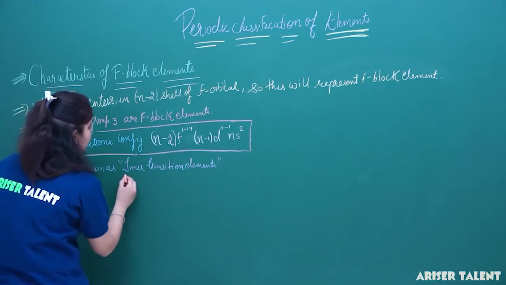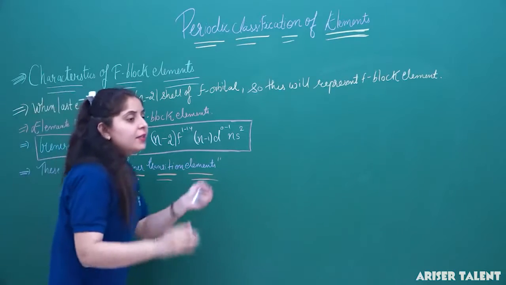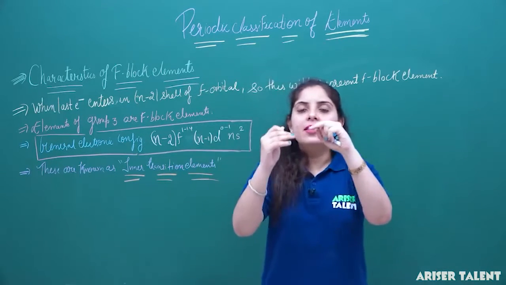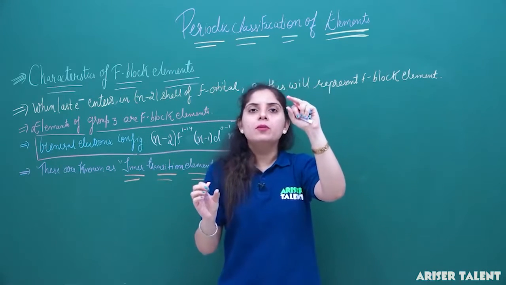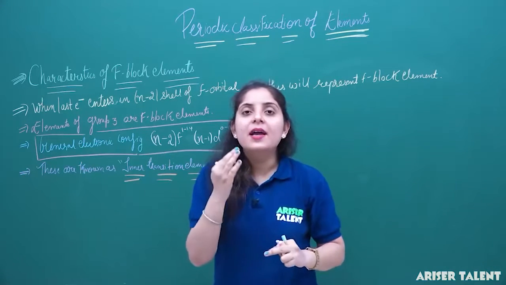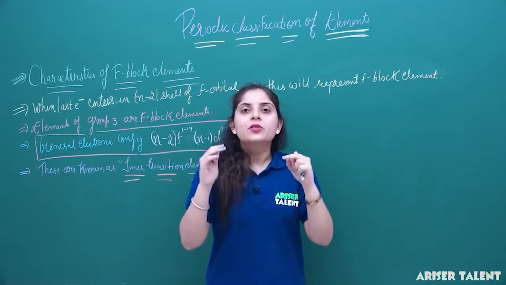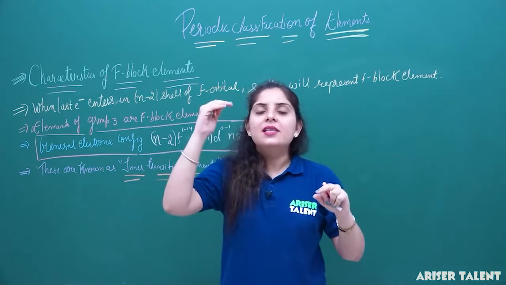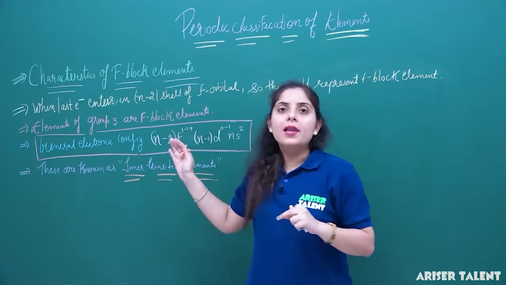Now, the two horizontal rows present at the bottom part of the periodic table have been separated from the periodic table because they have properties different from all of the other elements present there. So the two series present in the bottom part of the periodic table, lanthanoids and actinoids, represent the F block elements.